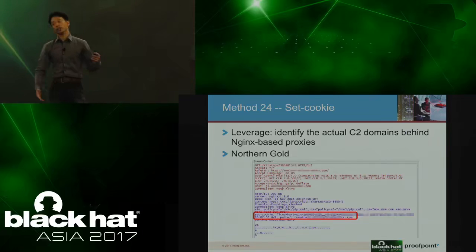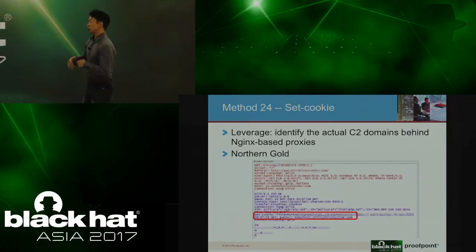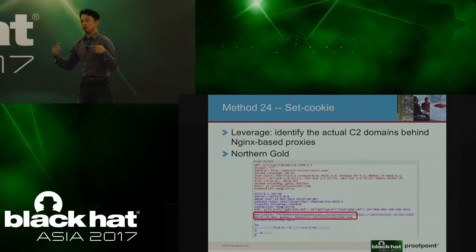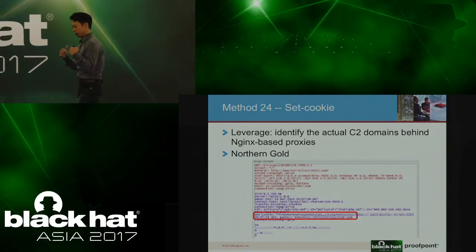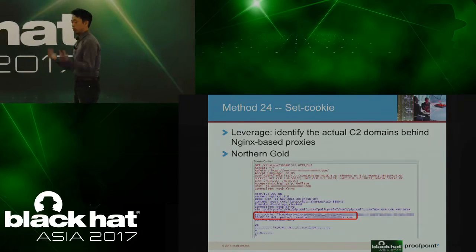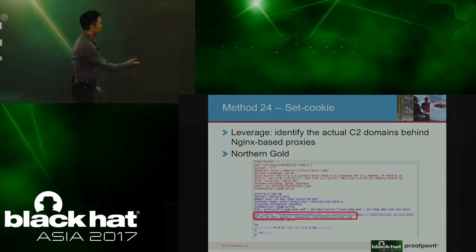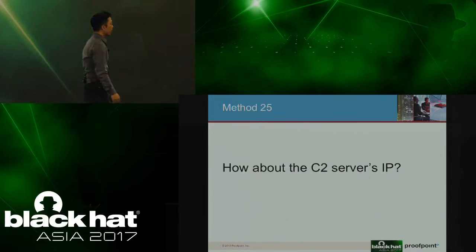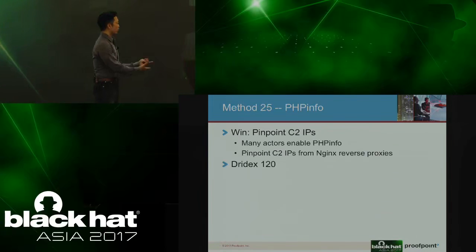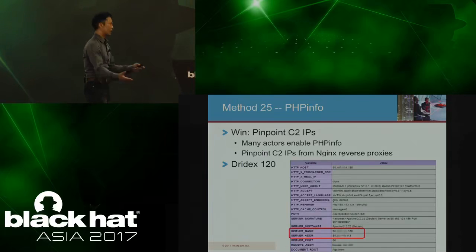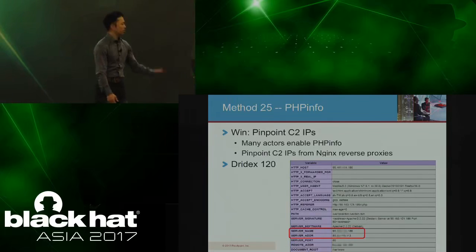And this information allowed us to locate Northern Gold's infrastructure and to eventually own their infrastructure and publish a lot of studies on this group. How about their IP address? What worked for us for the Dridex 120 group was PHP info. A lot of them have some type of PHP info somewhere. If we get it, their IP is there.